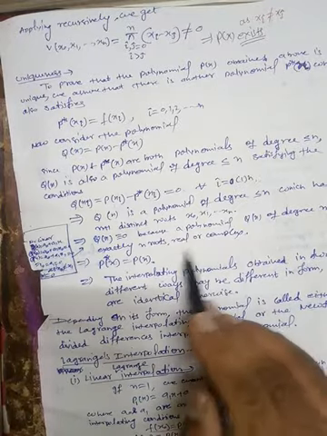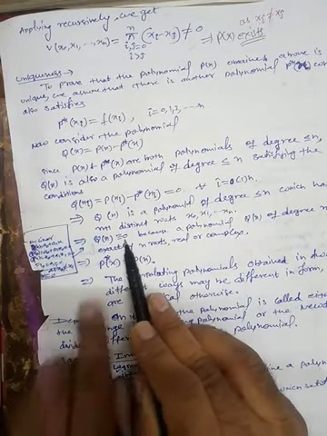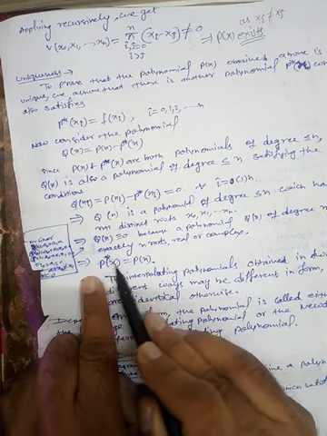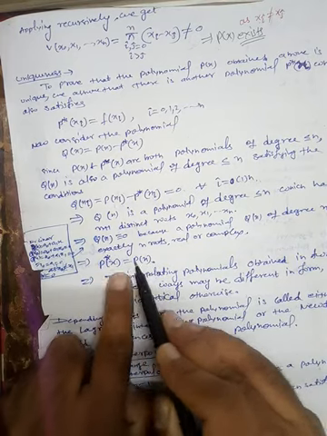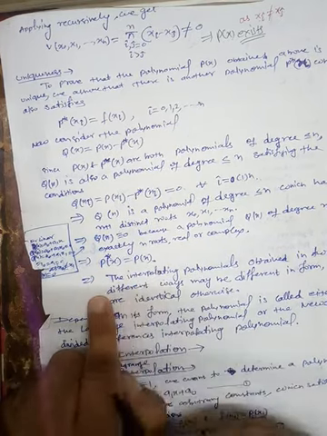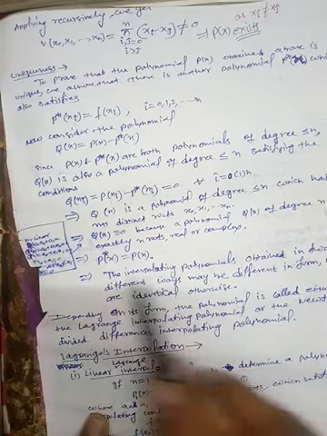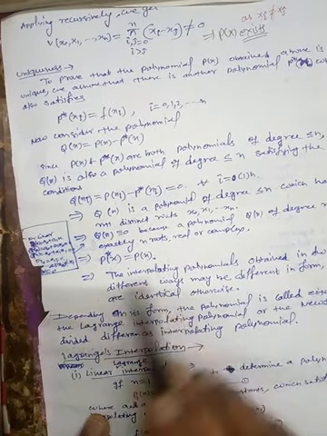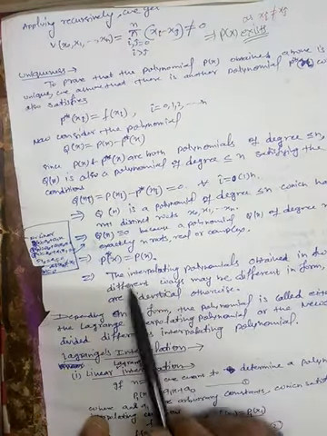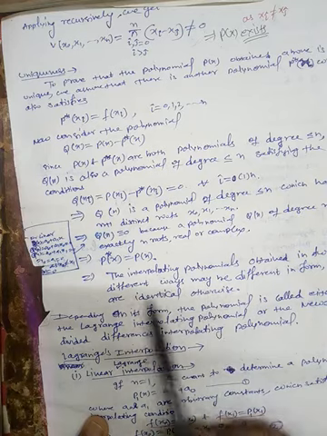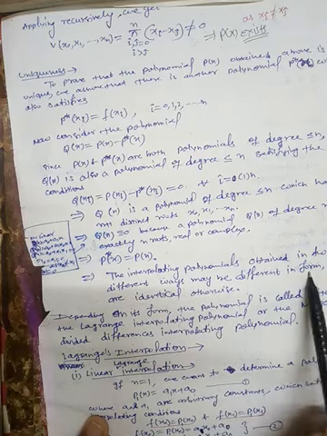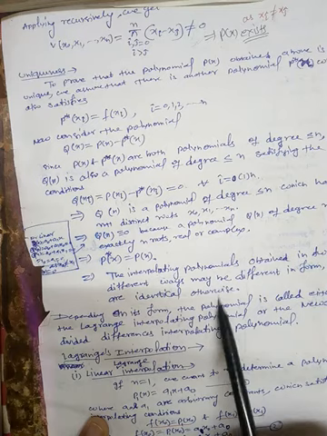Since this is 0, we can say that P star(x) is equal to P(x), because the difference provides you 0. So the interpolating polynomial, both will be the same polynomial, so this provides you the uniqueness. The interpolating polynomial obtained in two different ways may be different in form but is identical otherwise.